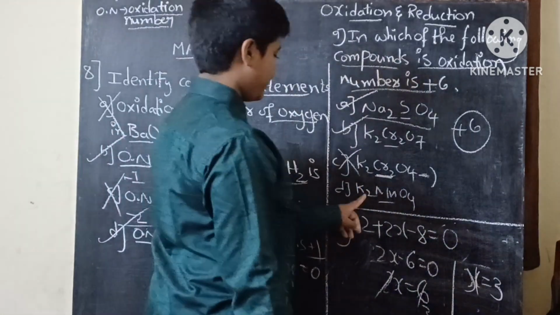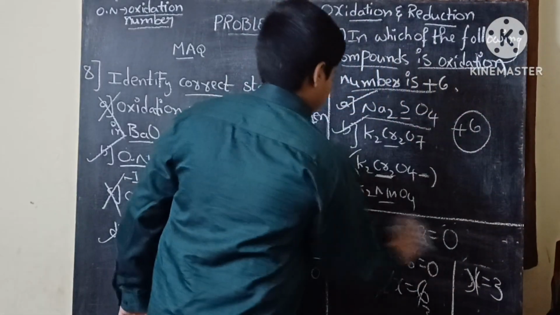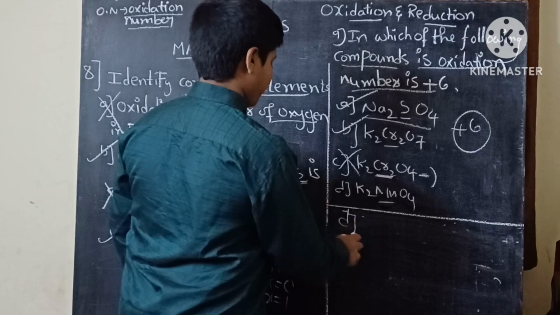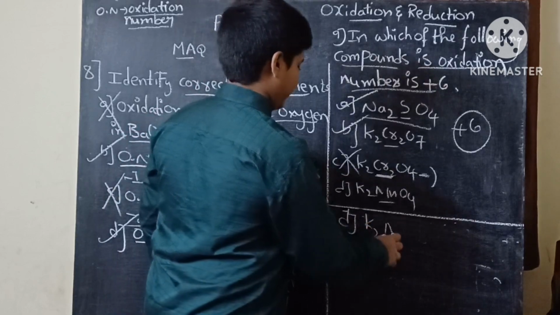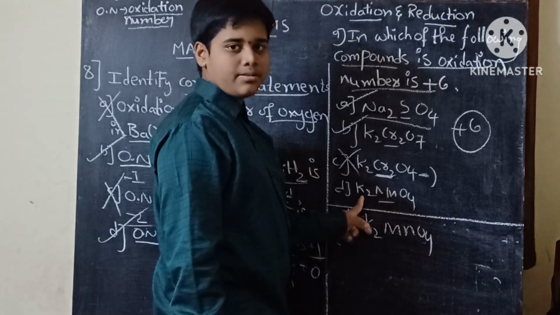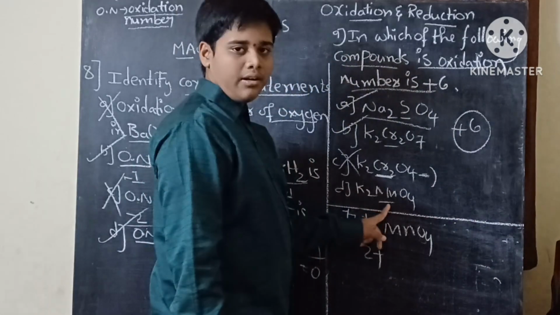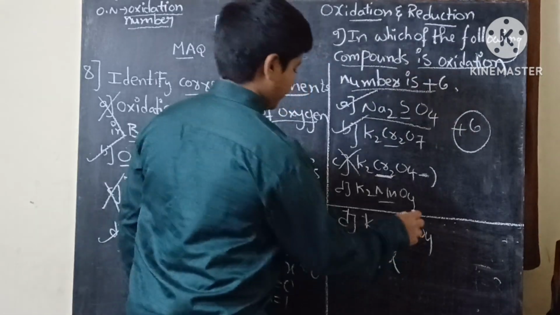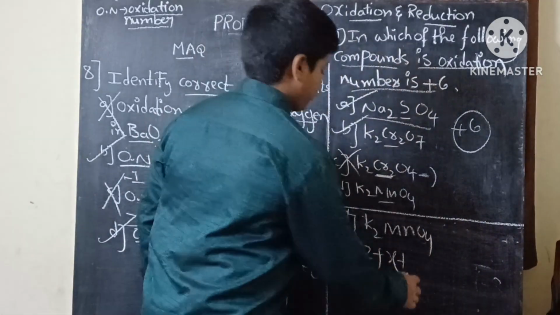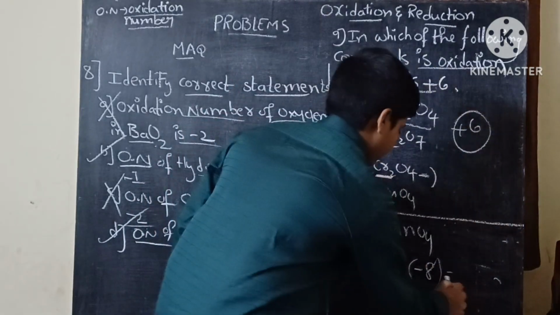Option D, K2MnO4. Here for 2 potassiums, 2 is the oxidation number. So 2 plus, we have to find manganese, so x, plus for 4 oxygens minus 8, equals 0.